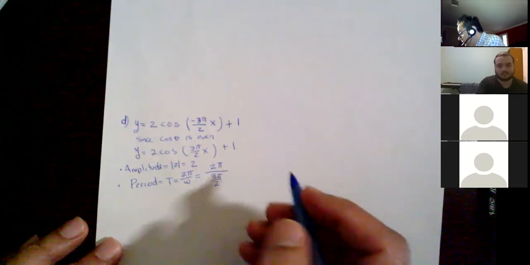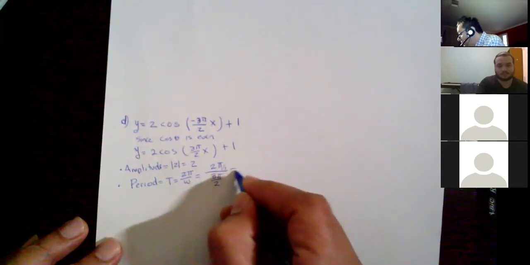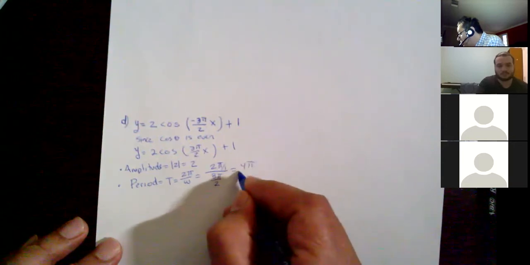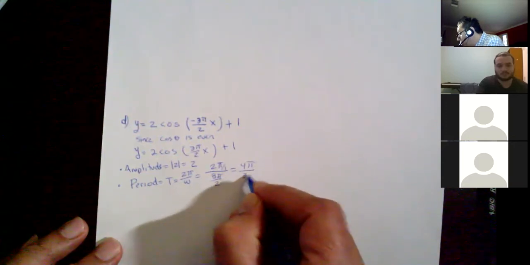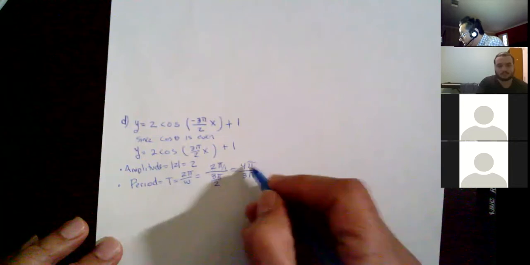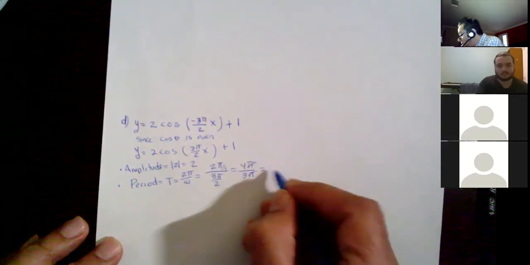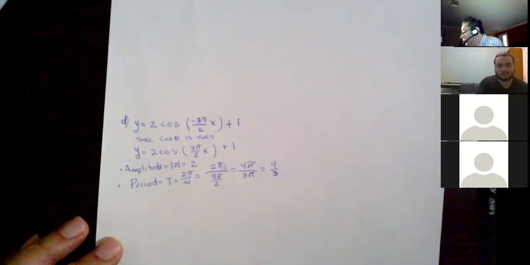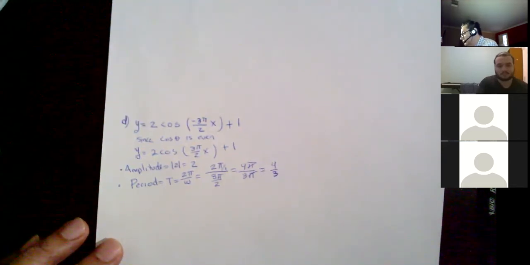So this is the same as 4 pi over 3 pi. Pi divided by pi is 1, and the period is 4/3. That's what the period is.